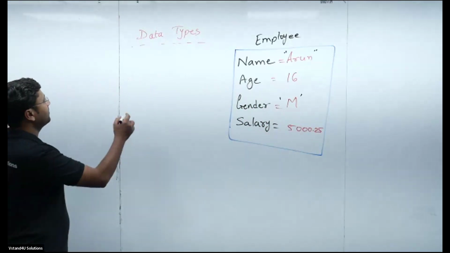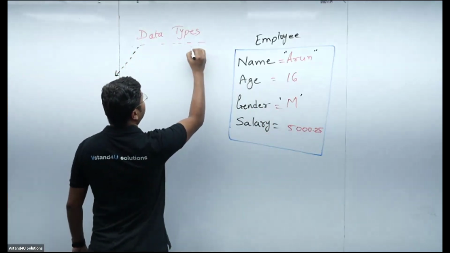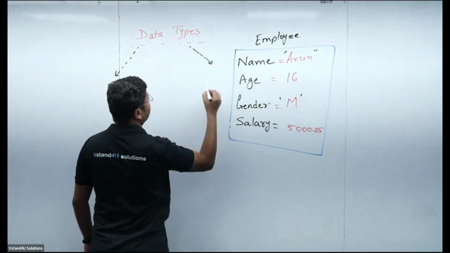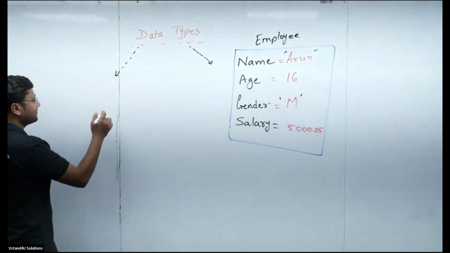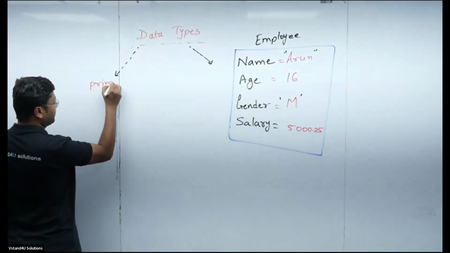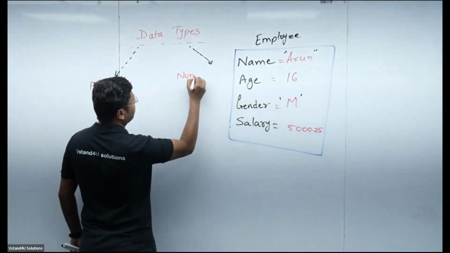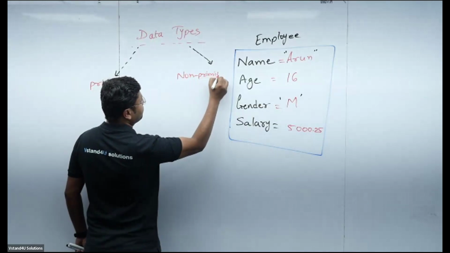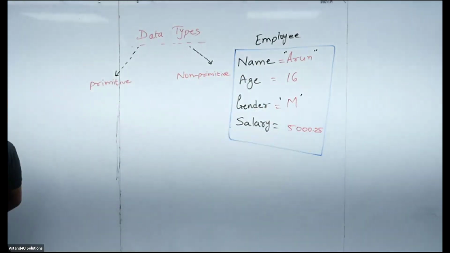Make a note. Types of data types. There are total how many types of data? Very good, primitive and non-primitive. Now listen.